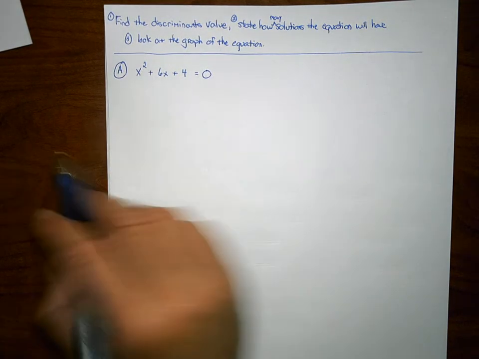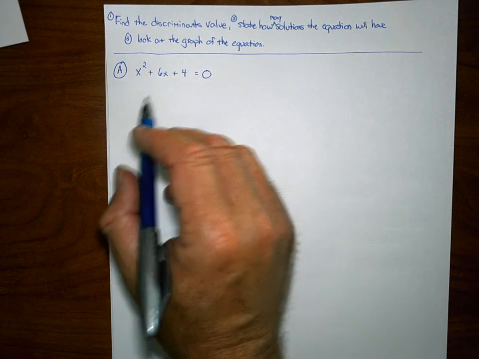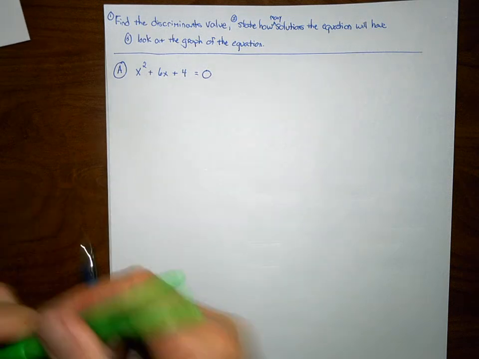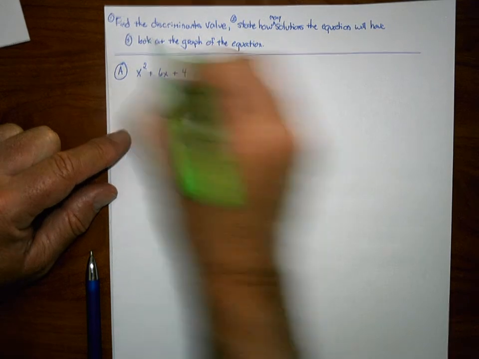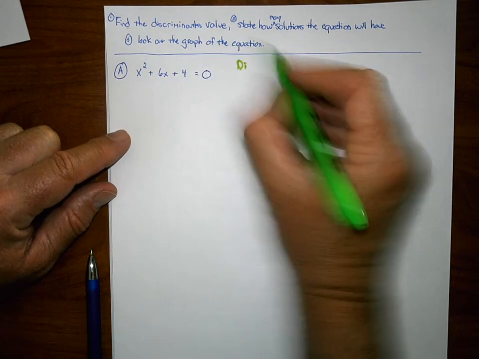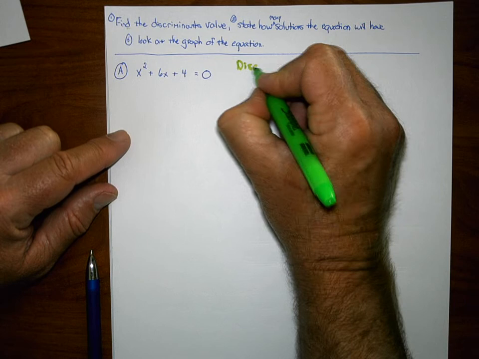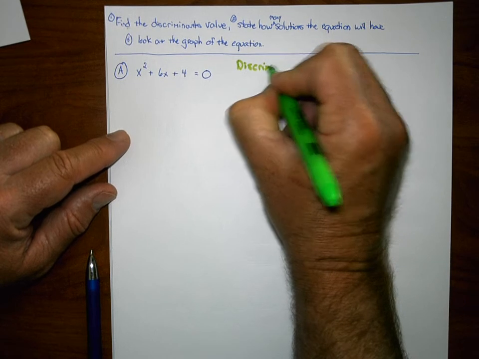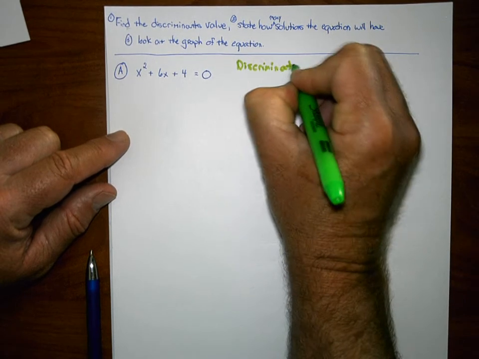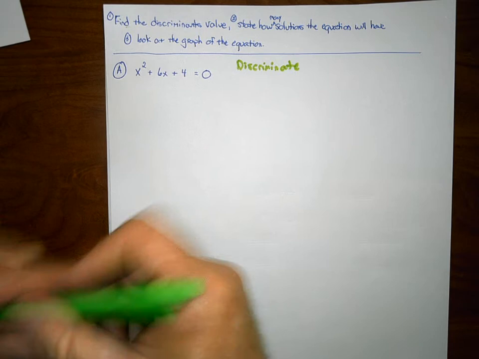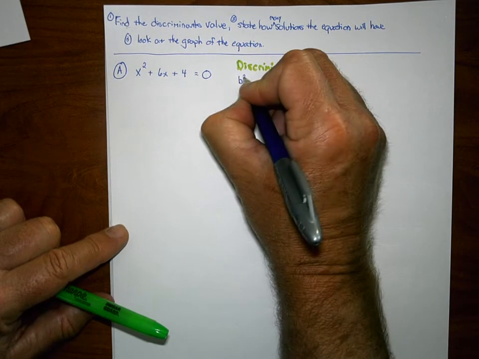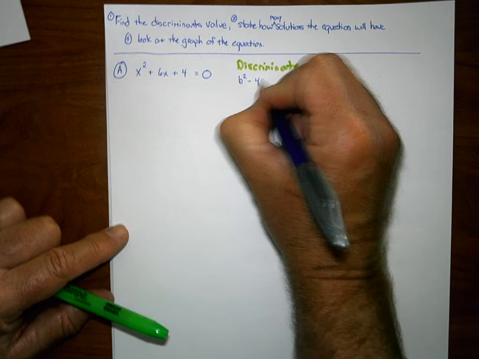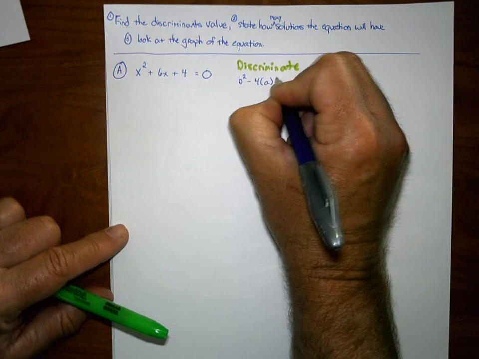We are going to look at the discriminant. Okay? So once again, what is the discriminant? First of all, we need to find the discriminant's value. So the discriminant, I'm going to make a column right here, is that part of the quadratic formula, which is b to the second power minus 4 times a times c.